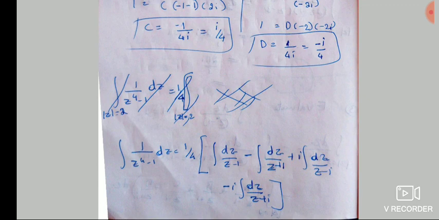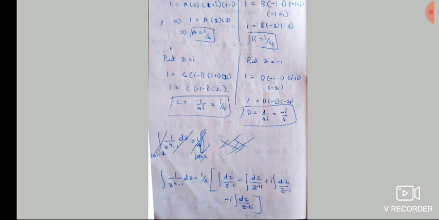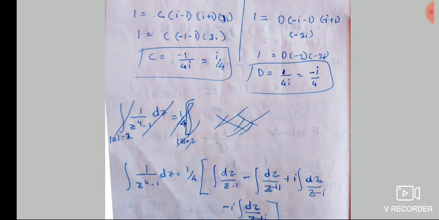We wrote that. Now we have to check, can we use Cauchy's theorem here? That means, are these points inside the circle? So which are the points here? One is minus 1. Is modulus of minus 1 inside? Yes.